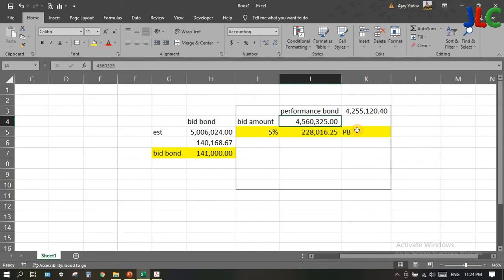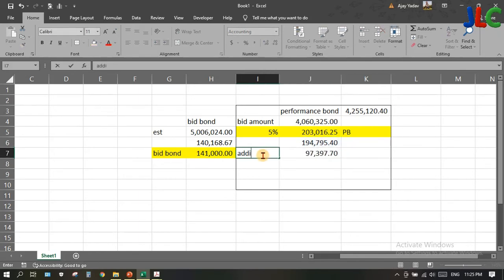But in case the bid was 40 lakhs, since our 85% is 42 lakhs, there is a difference between these two, which is 42 lakhs minus 40 lakhs. This is the amount which is below 85%. Now we need to consider the additional PB to be 50% of this amount. Now this is the additional PB.